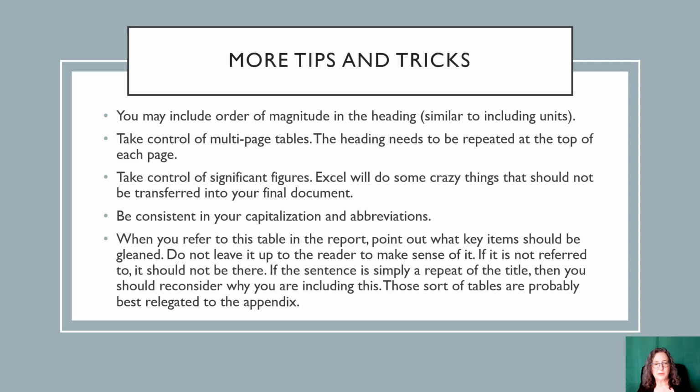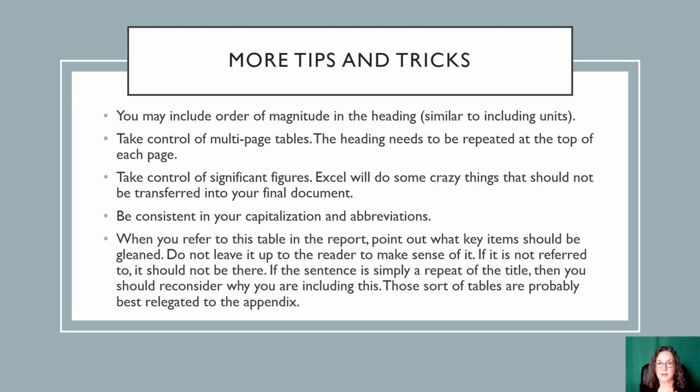When you refer to this table in the report, you're going to mention that Table 1 contains whatever was in that table. Why did you include it? If you don't have a reason for including it, then don't put it in the appendix. If you included it in the body of the report, then tell people what information they're supposed to get out of this.